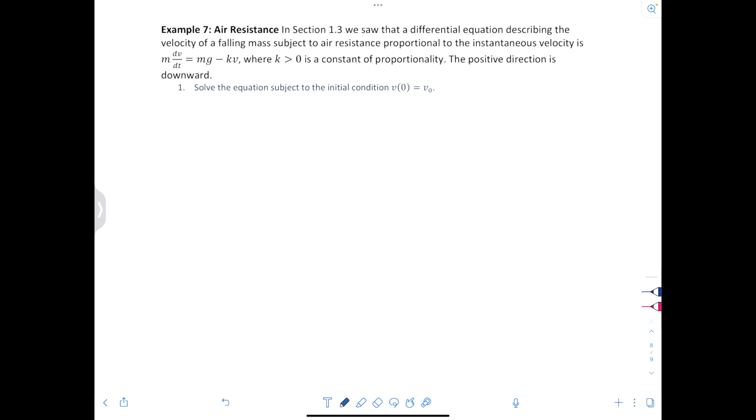All right, so let's see what we have. For this first part, we have m dv/dt = mg - kv. Now this is not linear in form, right? So we need to get the term that has the v with it on the left side.